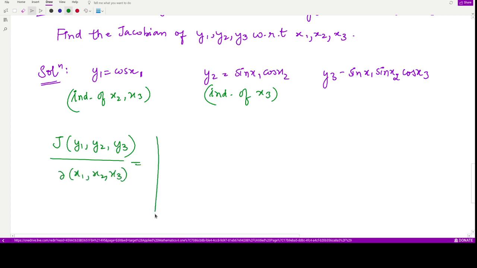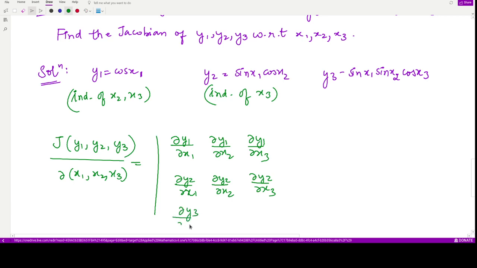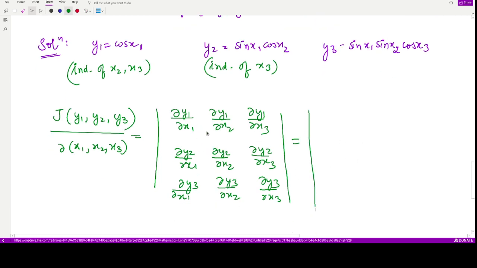We'll go by a normal procedure that says, firstly compute the partial derivative of y1 with respect to x1, y1 with respect to x2, y1 with respect to x3, and then y2 with respect to x1, y2 with respect to x2, y2 with respect to x3, and then y3 with respect to x1, y3 with respect to x2, and y3 with respect to x3. So firstly we'll do that. We'll directly write the values here.